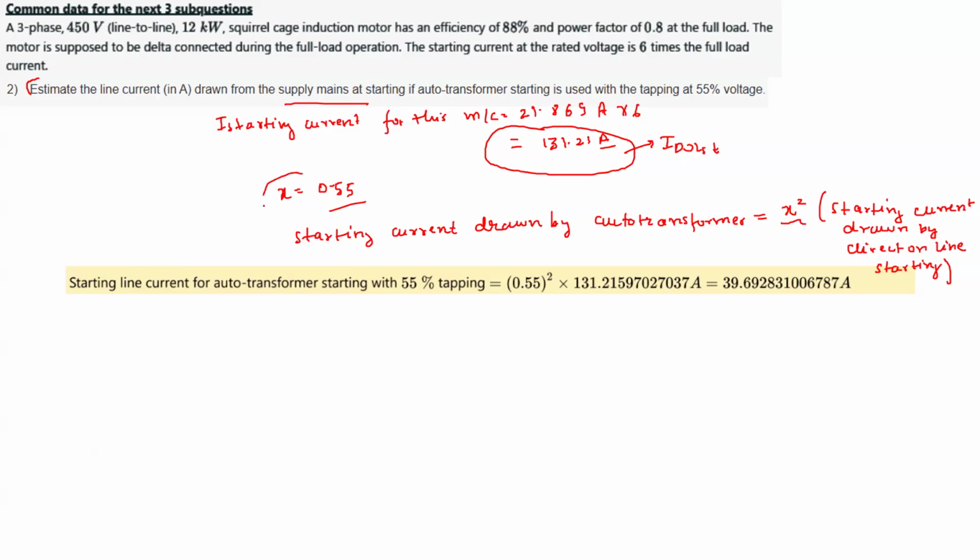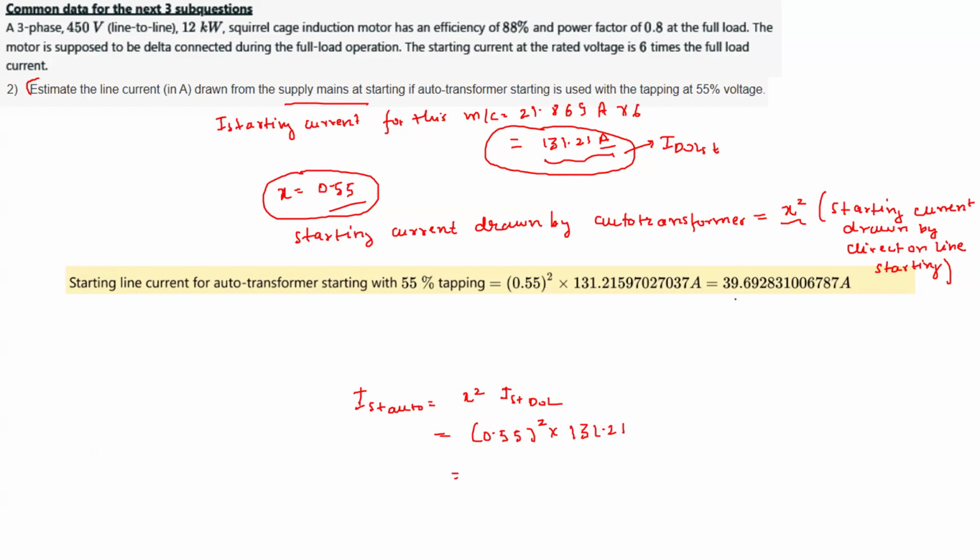x is mentioned as 55%, or in fraction 0.55. So I starting auto transformer is x square times I starting DOL, so you take 0.55 square into I DOL. I DOL we calculated in the previous question, which is 131.21.